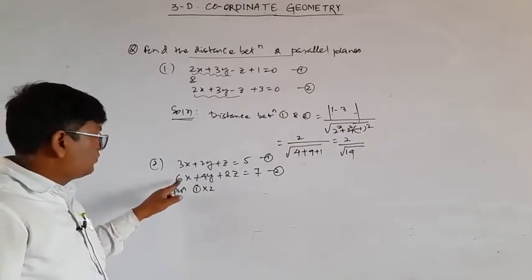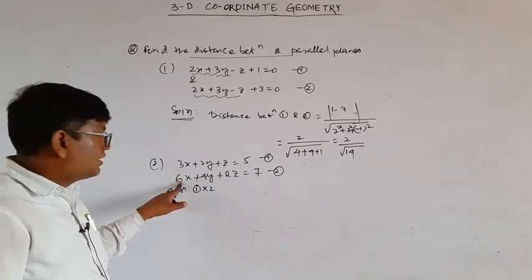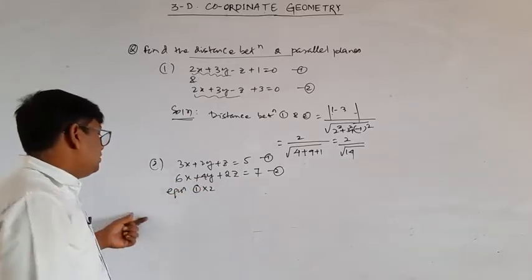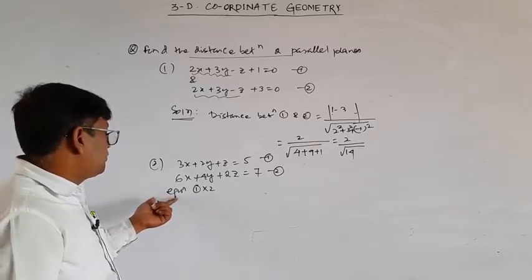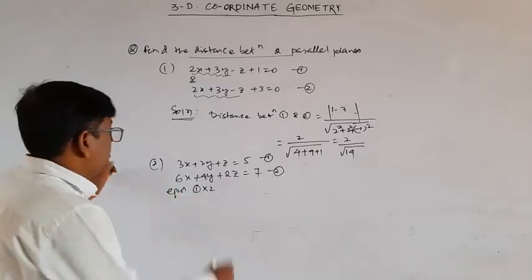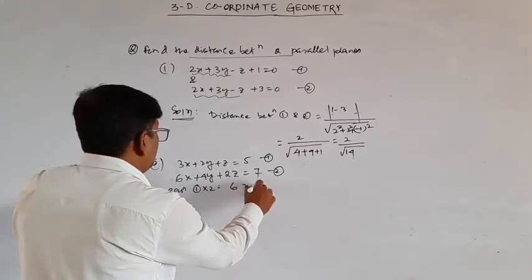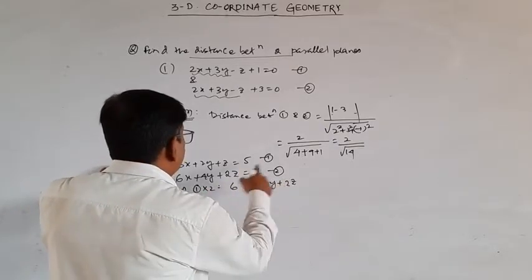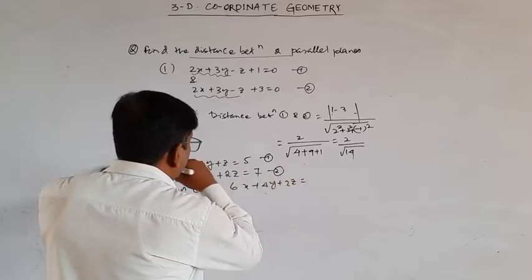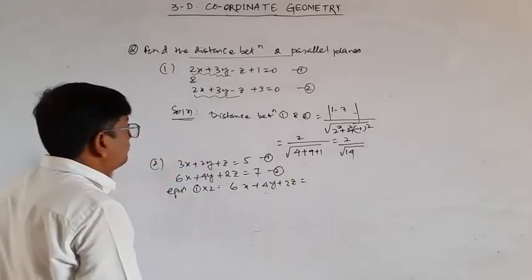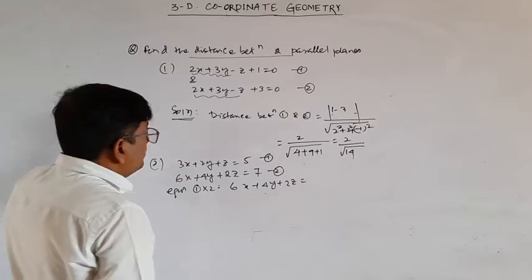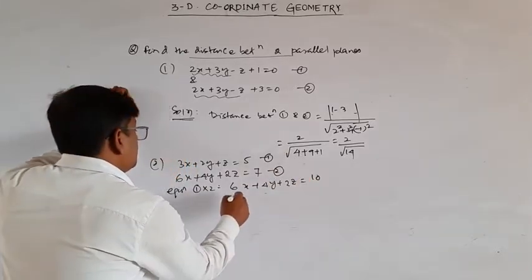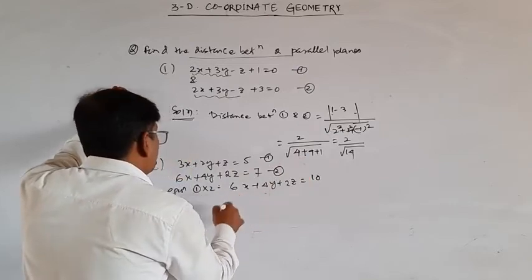Got it? Or you may take common 2 from equation 2. Now you can multiply equation 1 by 2, that is 6x plus 4y plus 2z is equal to 10, and this is equation 1.